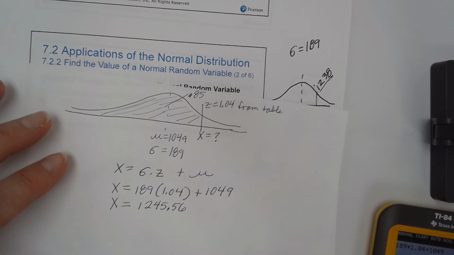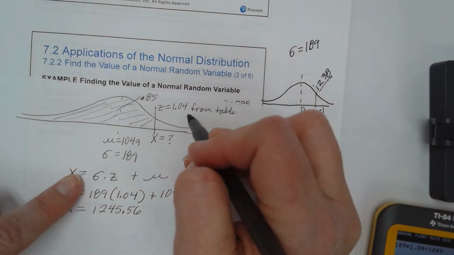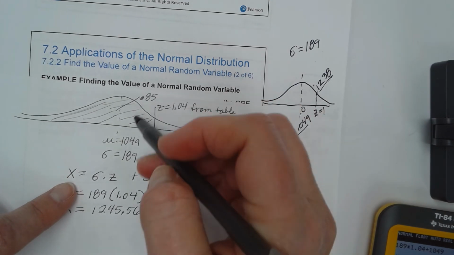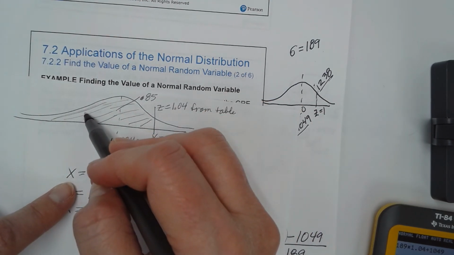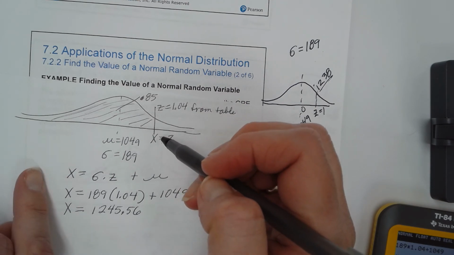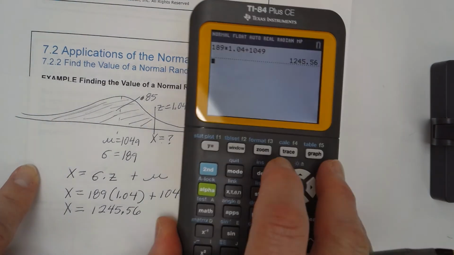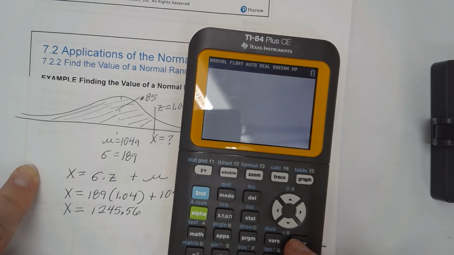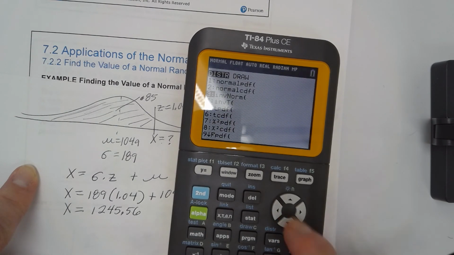So the way that you find it with your calculator is, if you know the area, but you're looking for the cut value, then you use inverse norm. Okay, so go to second distribution and go to inverse norm.